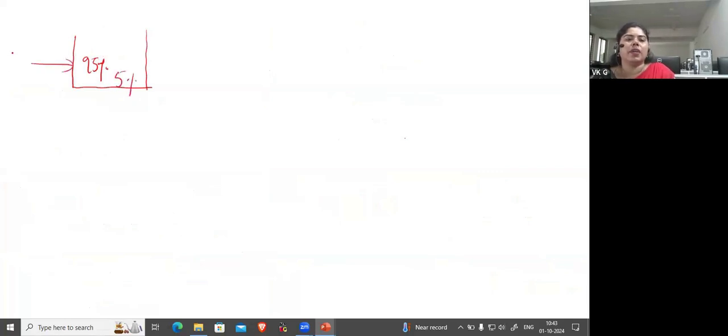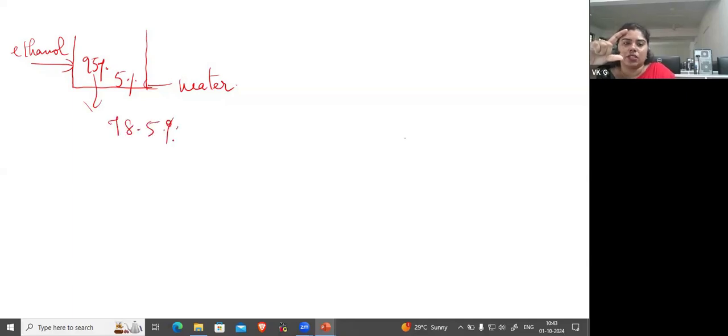So here I have in a beaker, ethanol and 5% of water, imagine. I've added 95% ethanol and 5% water. So at this particular composition, exactly 95% and 5% water in a beaker mixture, however much I boil this particular composition, let's say the boiling point of alcohol is around 78.5 degrees Celsius.